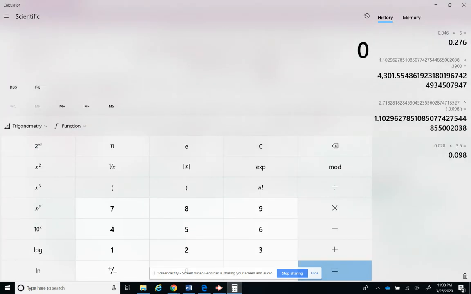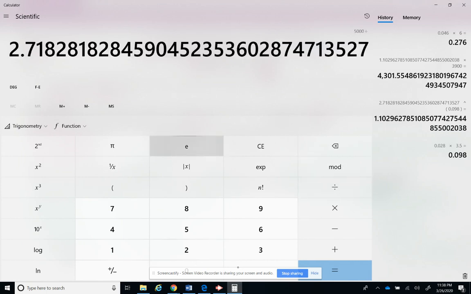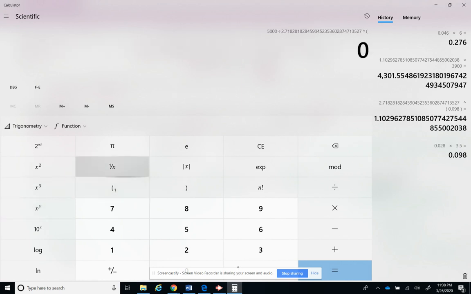All right, clear it out. So 5,000 divided by E to the, I like to do parentheses because I don't trust calculators, 0.276.